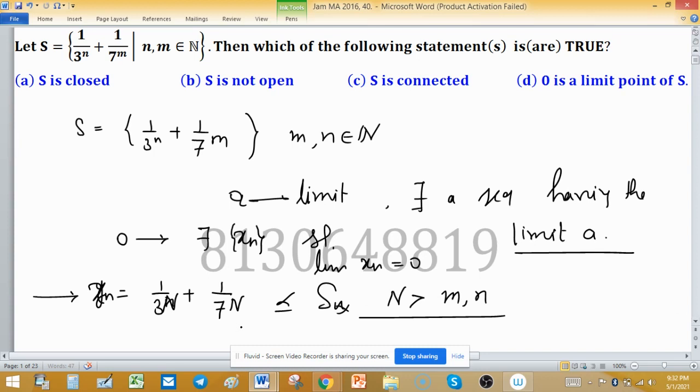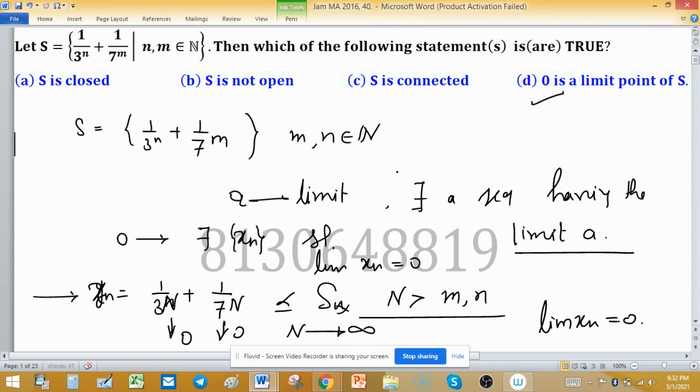The limit of this is, as this is going to 0 and this is going to 0 when n tends to infinity, so the limit of xn is 0. So 0 is the limit point of S. So option D is correct.